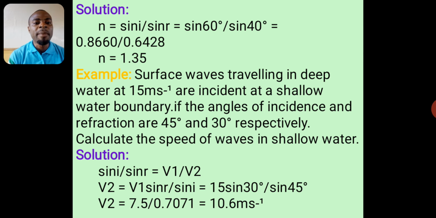So cross multiplying, v2 will be equal to v1 sine r over sine i. Substituting, we have 15 sine 30 degrees over sine 45 degrees. That will make v2 equal to 7.5 over 0.7071. And the final answer to that question is 10.6 meters per second.